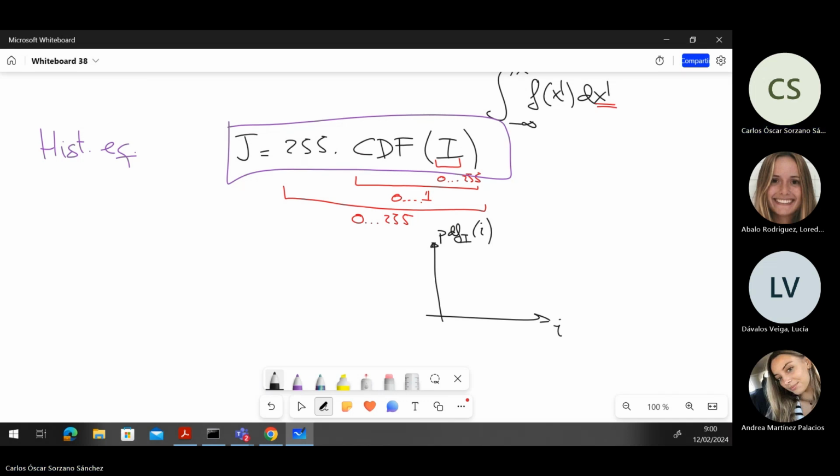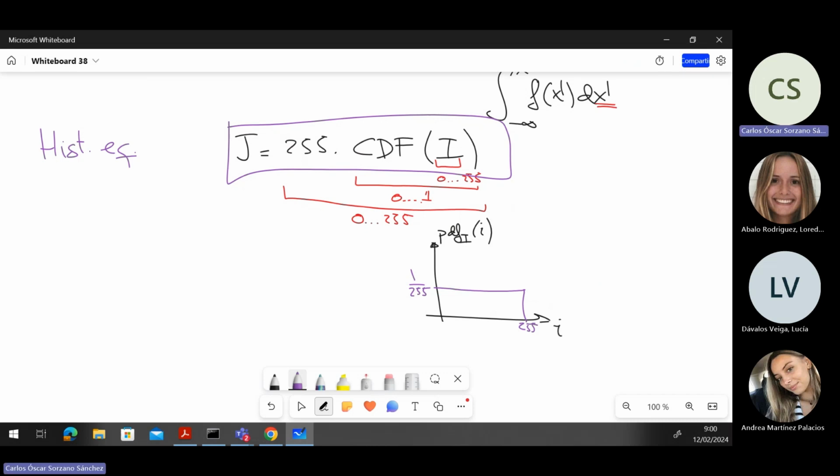So let's say that the PDF is like this. It is uniform. All values have the same probability, so they are all equally likely.